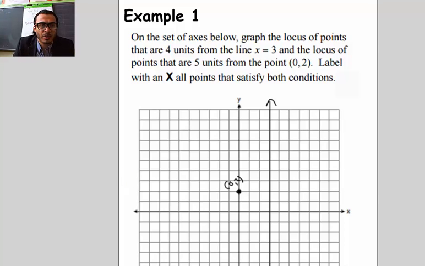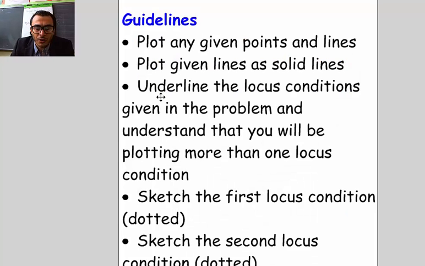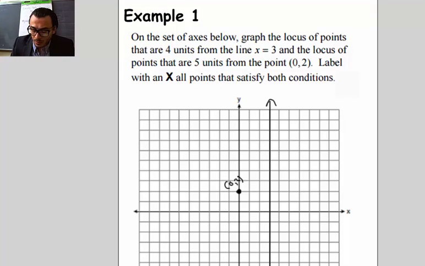Okay, the next bullet point says underline the locus conditions given in the problem and understand that you will be plotting more than one locus condition. Alright, so the first locus condition is 4 units from the line x equals 3. So I'm going to underline that.